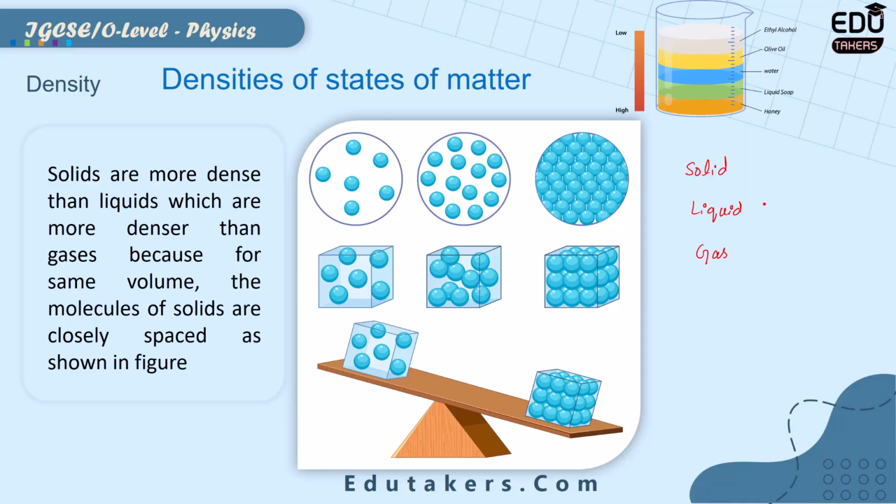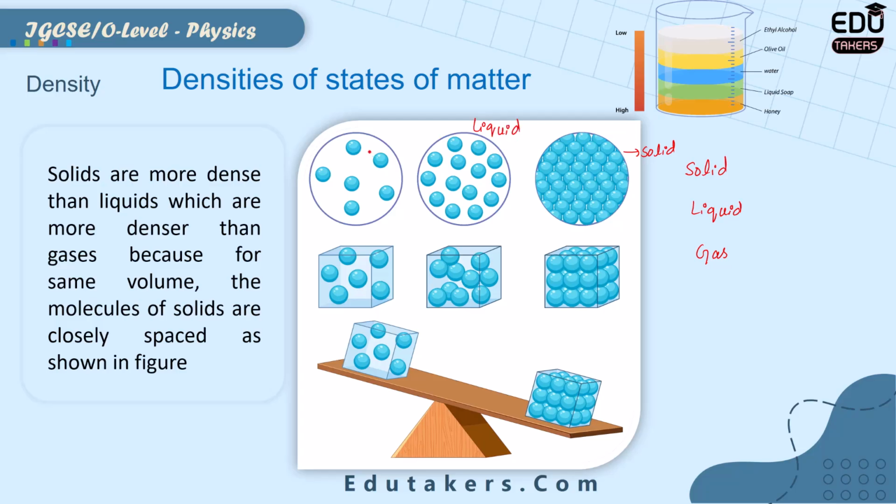In the solids, the atoms are very close to each other. The spacing between these molecules is very small, as you can see here, it's the structure for solid. But in the liquid, the molecules are not very close to each other, but there is a little bit of spacing between the molecules. That's the structure of liquid.